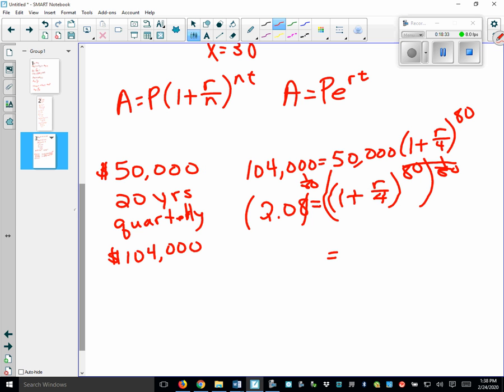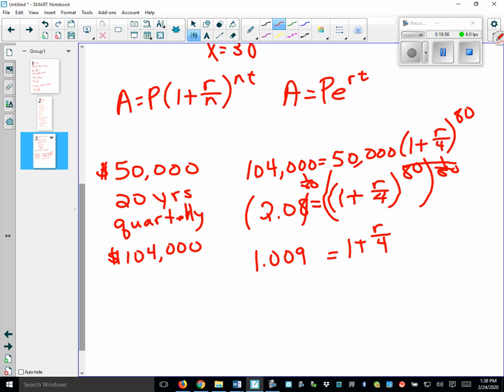So this equals 1 plus r over 4. What is 2.08 to the 1/80th? 1.009. Is that what you all got?